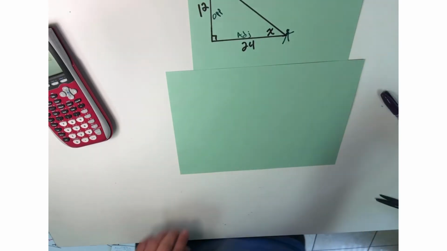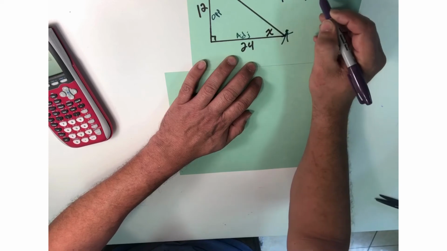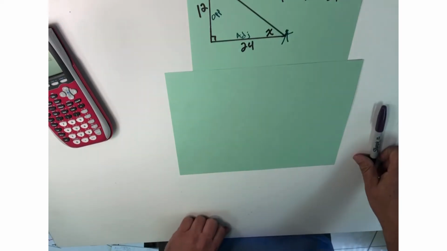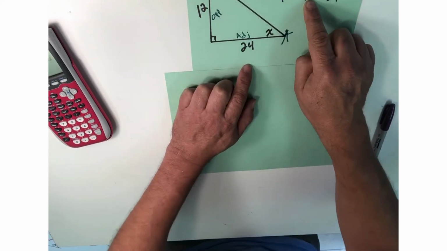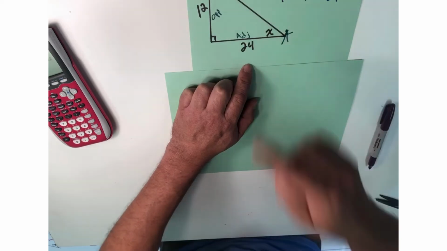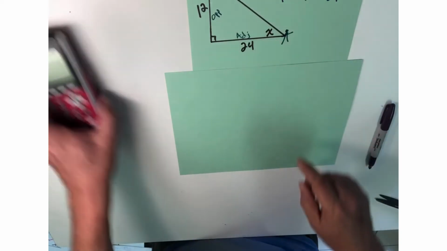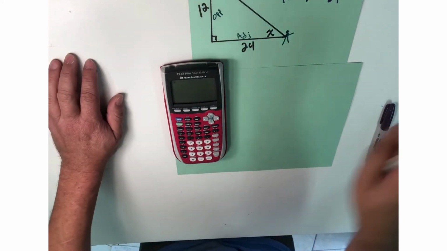So you're going to write tangent of x is equal to the opposite over the adjacent. Now, you remember what I said about finding angles? What must you press on the calculator? That's right, second function whenever this is an angle that is missing. So I'm going to go clear my calculator, and I'm going to go second function tangent.